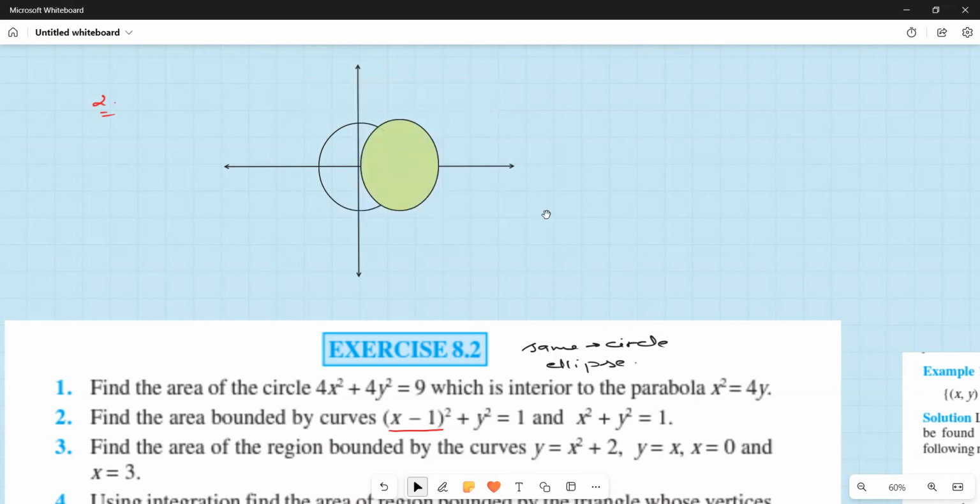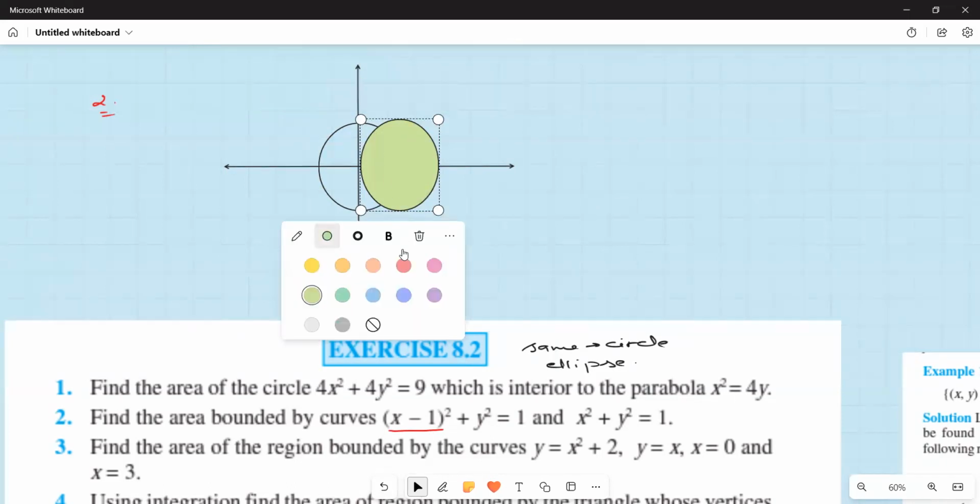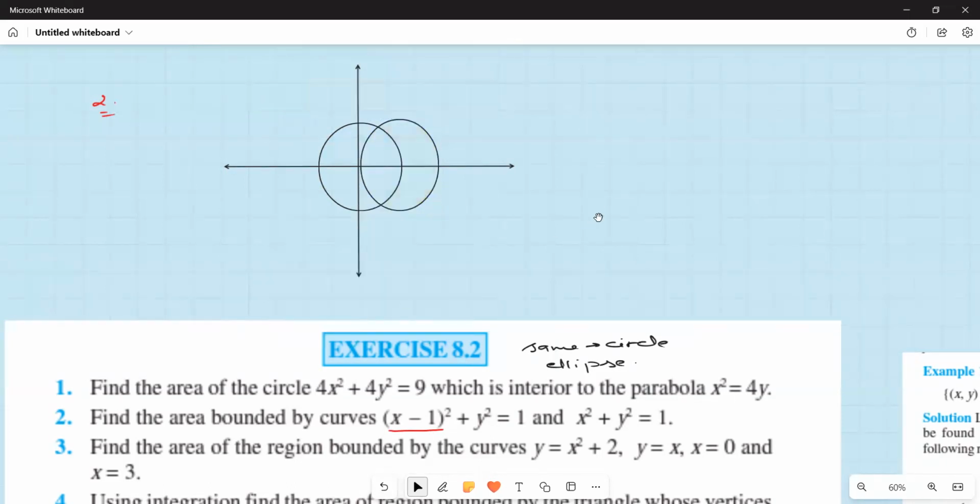So if you check, we need to find this area. This is passing through the origin only. Why? Because radius is 1 in both cases, meaning the center of this circle is 1, 0 and this center is 0, 0.